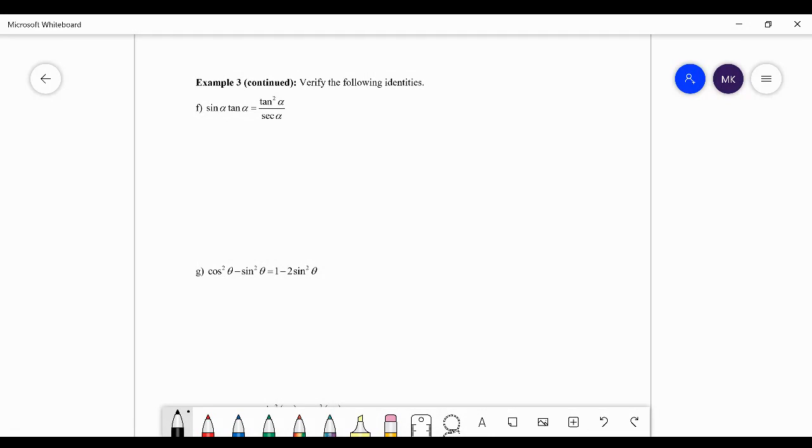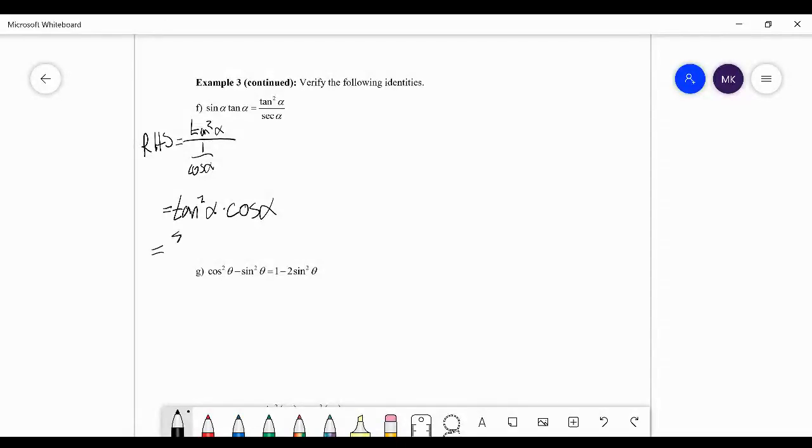Okay, and so the right-hand side here gives me tangent squared alpha over, and instead of secant, I'm going to make my first move here. Secant is 1 over cosine alpha. And as we just stated, if we divide by a fraction, that's multiplying by the reciprocal. So I get tangent squared alpha times cosine alpha. Now what? Well, let's just simply convert tangent squared into what we know it is.